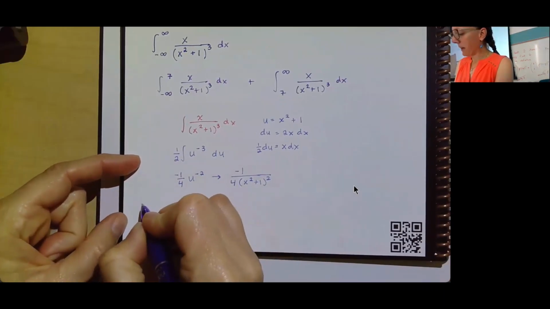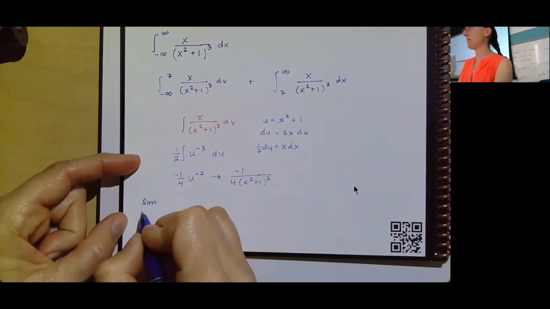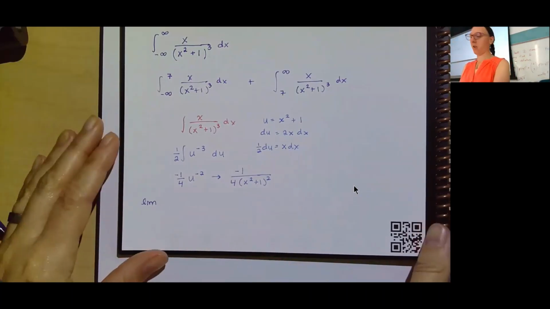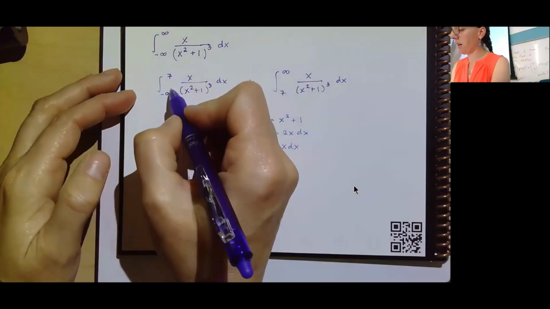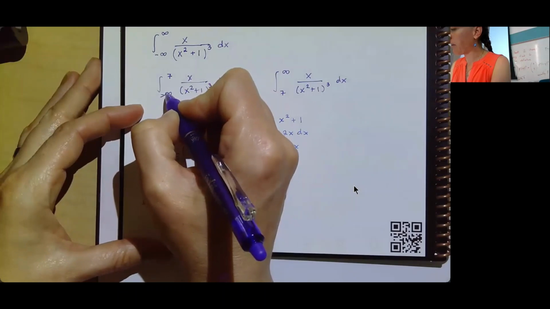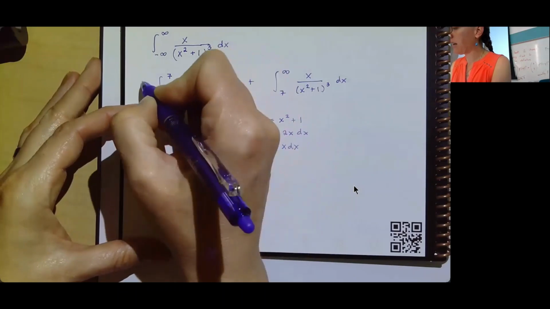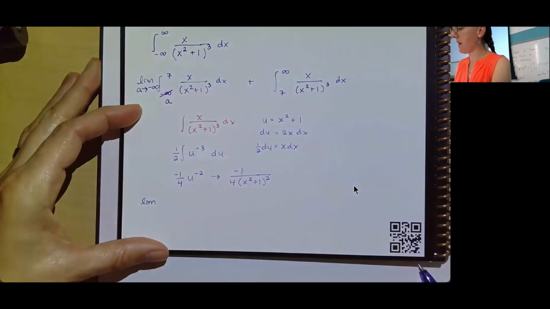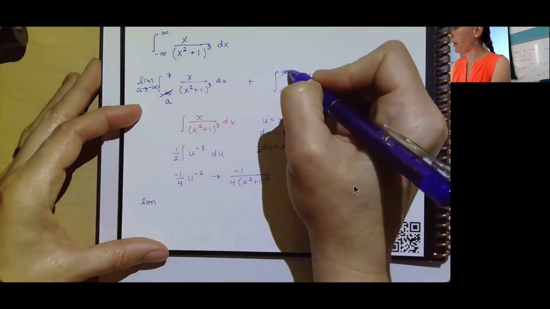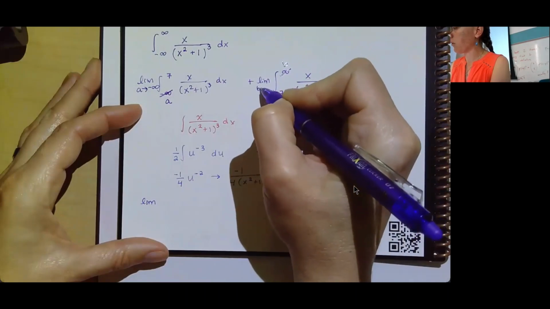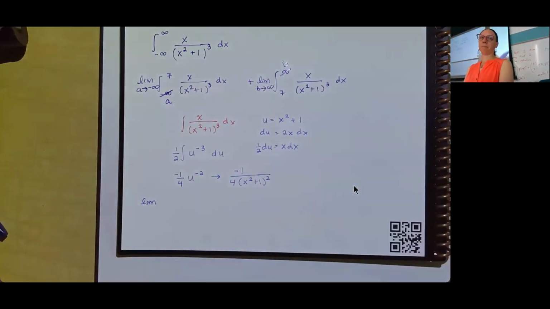I'm going to have the limit, and it really doesn't matter our choice of letters, but I'm going to rewrite this to swap out my negative infinity for an A and let A approach negative infinity. And I'm going to swap out my infinity over here for a B and let B approach positive infinity.